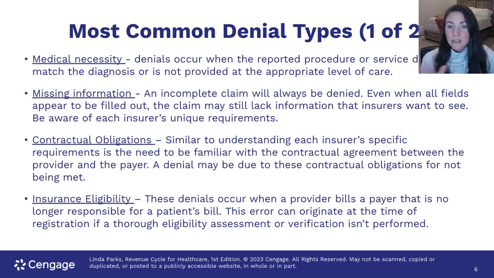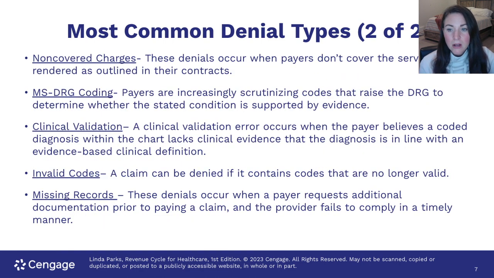So when a patient is no longer covered by an insurance company, but the doctor's office maybe didn't verify this before seeing the patient, then the insurance company is going to deny it. Non-covered charges. So remember, insurance companies will have those lists of all the services they cover and how much they'll pay for it. So if you bill for something that's not on the list, they're going to deny it.